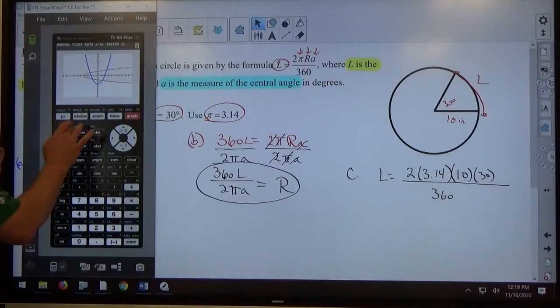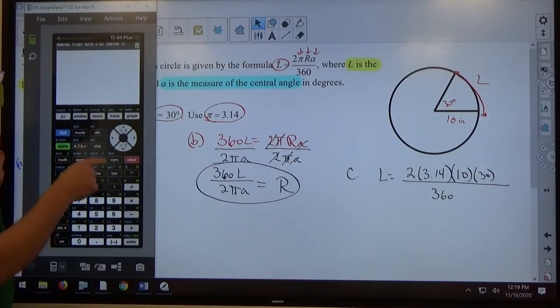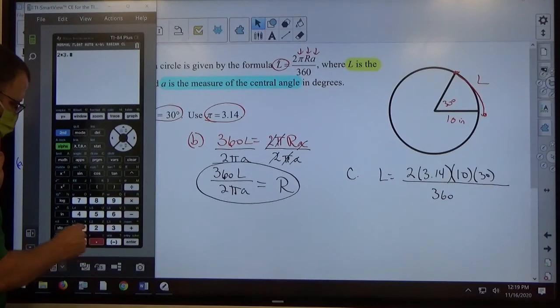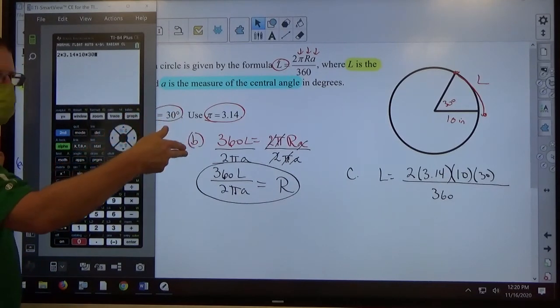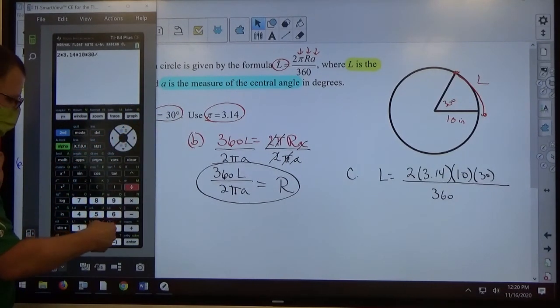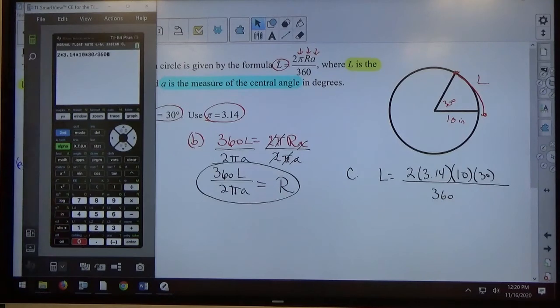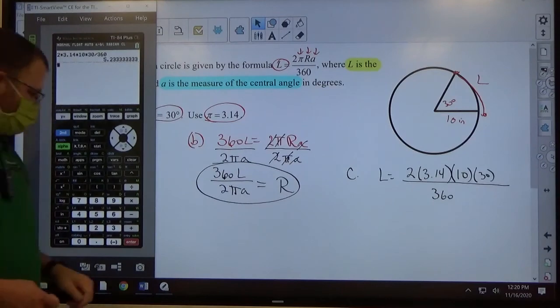If I type 2 times 3.14 times 10 times 30, everything on top is being multiplied, then we divide that whole product by 360. And again, you type that entire expression in your calculator all at once. I'd like to see it on your paper that you're typing in, but then type it in correctly. All the top divided by the bottom, and we get 5.23.